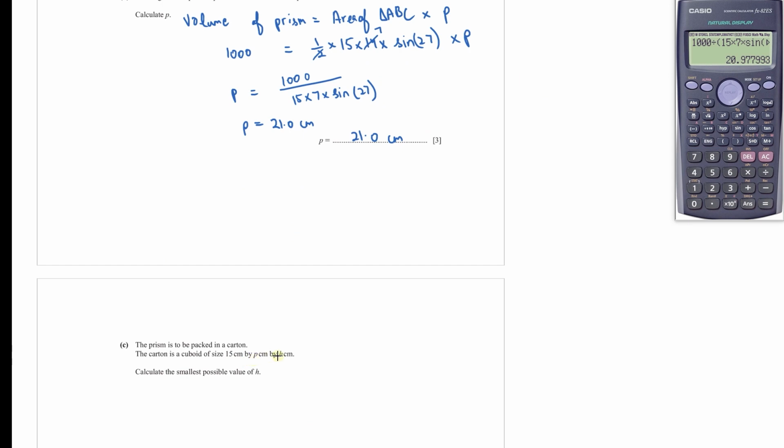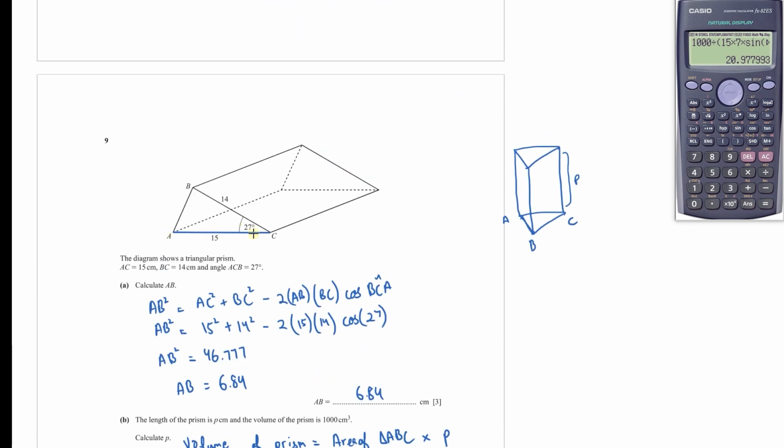So carton is 15 by P by H. So this side is 15, and then this side is P centimeters. So let me align this here like this. And then let me just complete the cuboid around this prism like this.